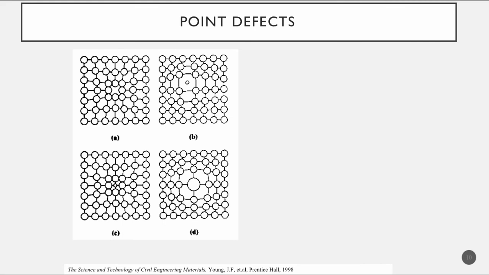Or B, this is called an interstitial atom. So either an atom from your material or another material got mixed in. Say you have iron and magnesium, and so you have a magnesium atom that's just floating around and it's not attached to the lattice, it's in the lattice, but it causes mayhem, changes the lattice, you have compression and tension and squishes things together, and the slip can't continue.